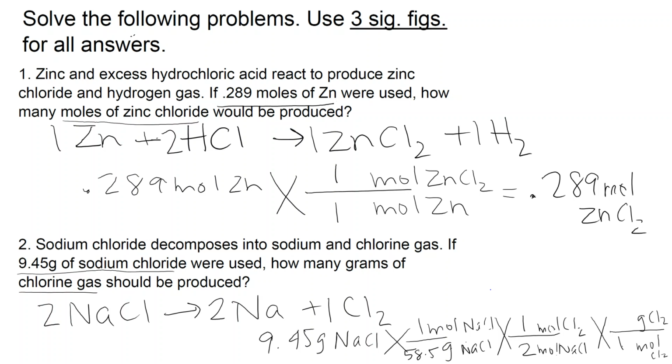So when you add that up off the periodic table, you get about 71 grams. Now we can do the math. 9.45 times 1 divided by 58.5 times 1 divided by 2 times 71 divided by 1, and we get a final answer of 5.75 grams of Cl2.